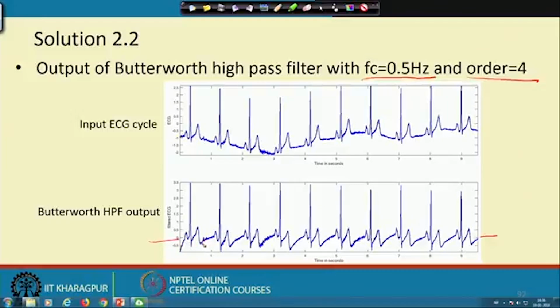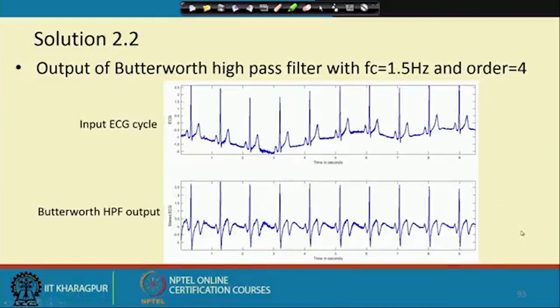Only thing, there is a shift because the baseline wandering is removed. So, the whole thing is shifted a bit upward in the first cycle, and the T wave and P wave seem to be pretty close to the original one. So, it is difficult to comment anything beyond that in a qualitative way.